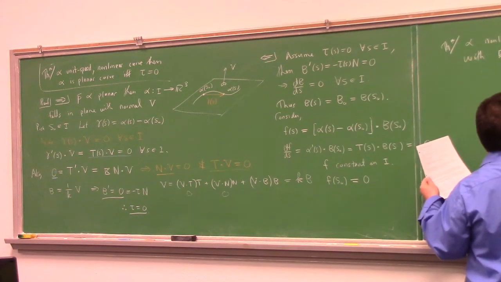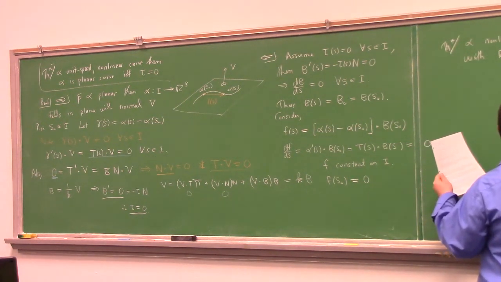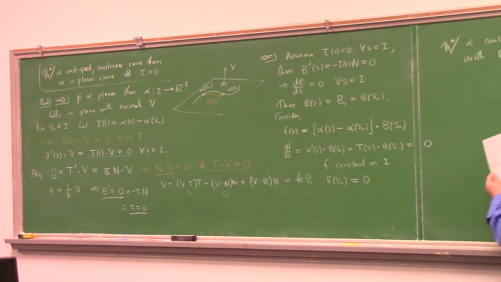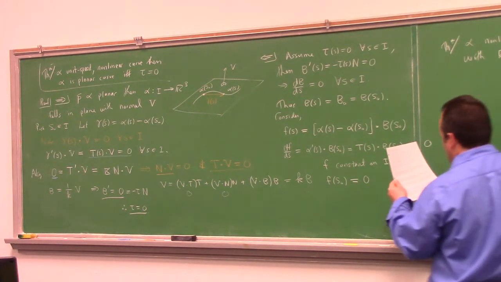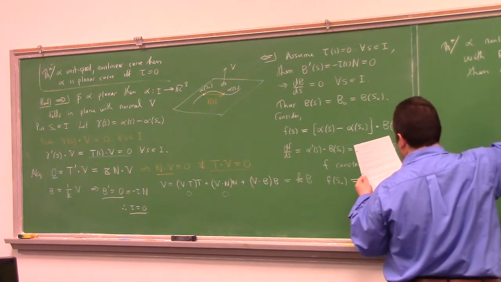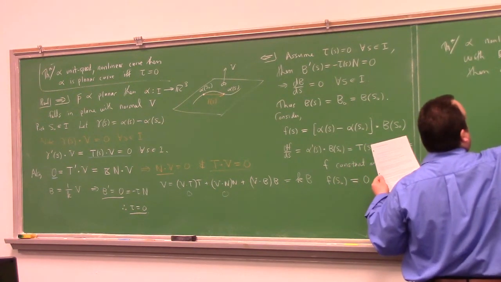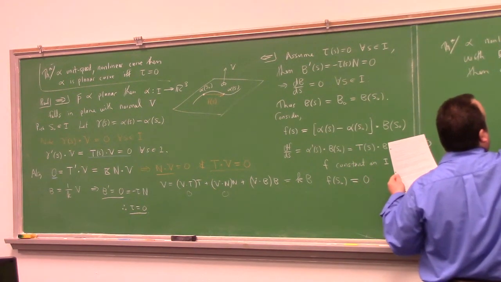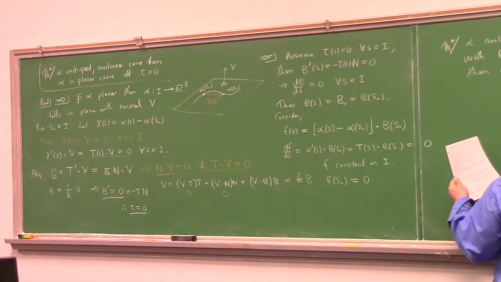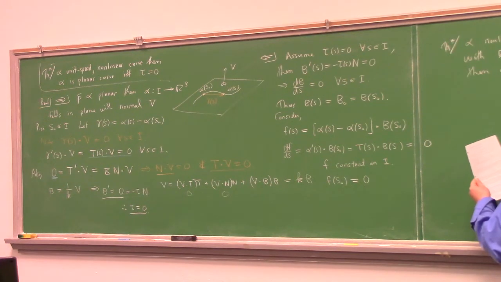And we also are given that the torsion is equal to 0 along the curve for all s in the domain I. Then alpha of s follows a circle of radius r, 1 over the curvature.